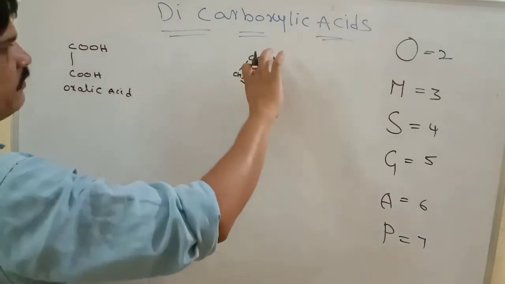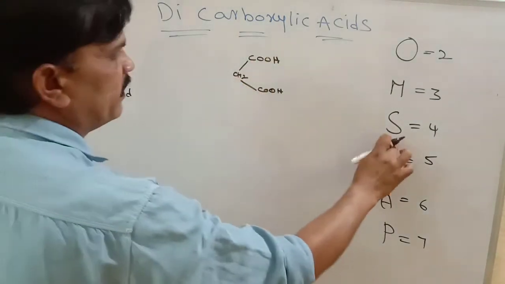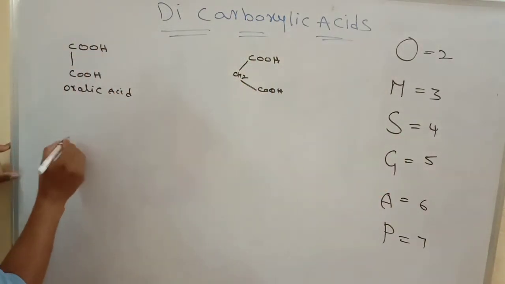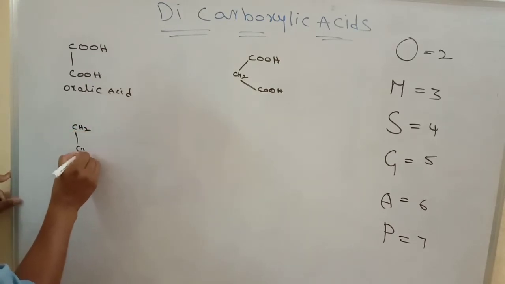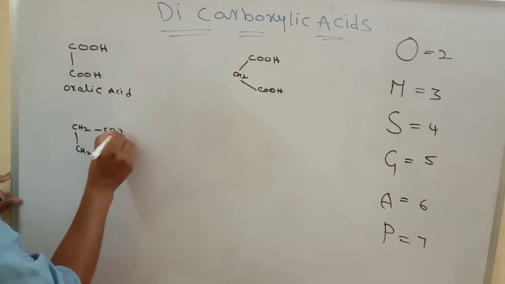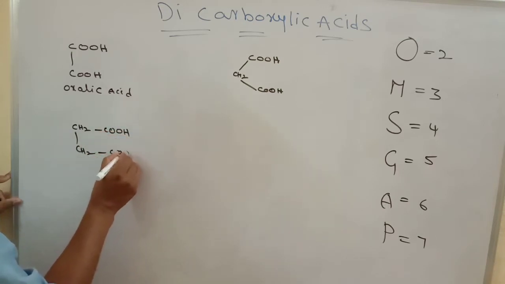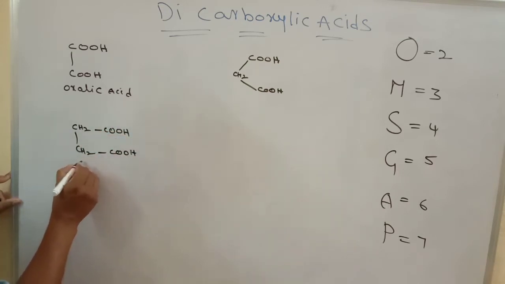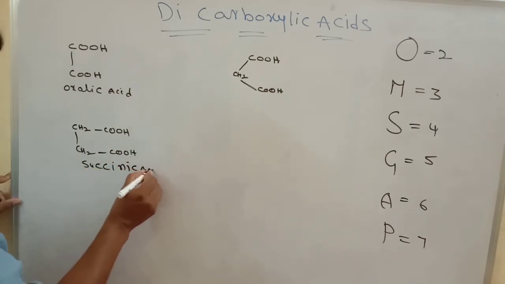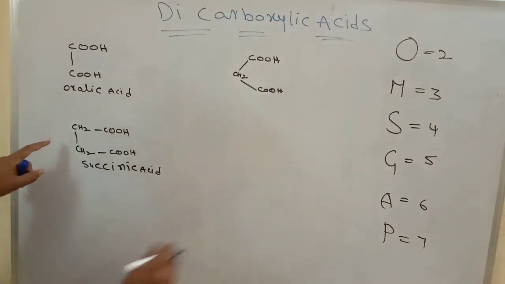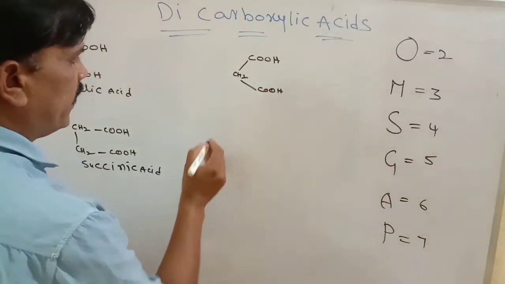In between the COOH groups, add 2 carbons and it becomes succinic acid. How to add them? CH2, CH2, between COOH and COOH. This is succinic acid. Add 1 more carbon and it becomes glutaric acid.